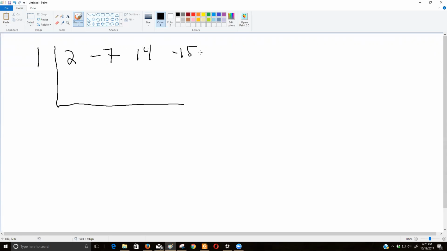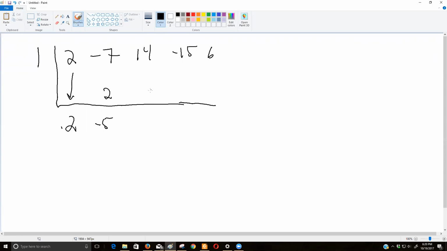If you're looking at problem 36, you see I'm just pulling the coefficients off. If you are having trouble remembering how to do synthetic division, bring down the 2, and you multiply. 2 times 1 is 2. Then you add these two numbers, and -7 plus 2 is -5.